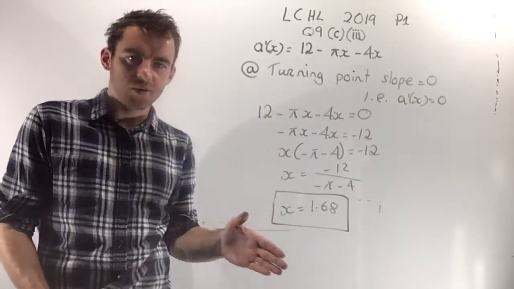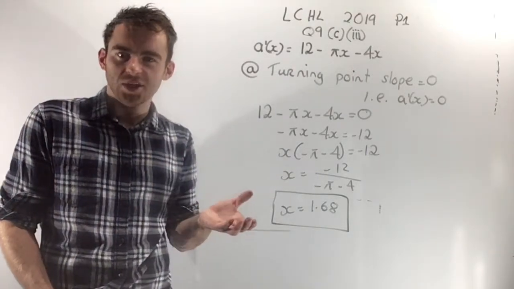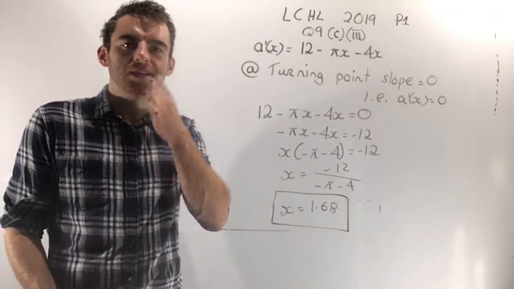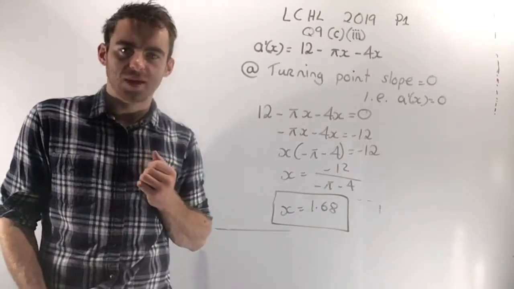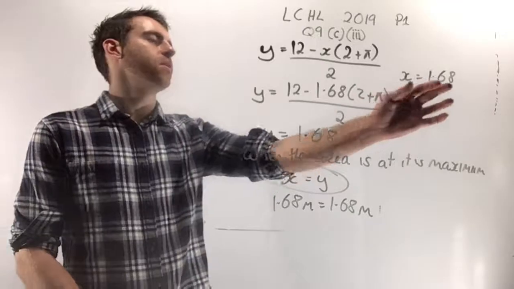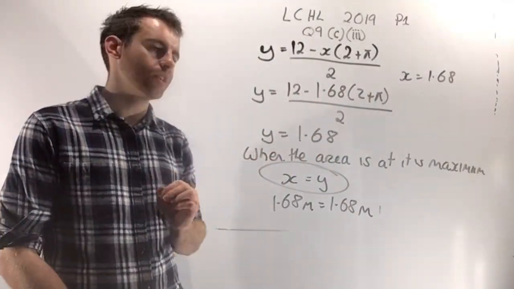Now I need to find the corresponding value of y, and hopefully I'll identify some kind of relationship between the two. So remember, in C part 1, I know what y is in terms of x, which means that once I know x, I can go back and find the value of y. So now that I know the maximum exists when x is equal to 1.68, instead of an x I'm just going to sub in 1.68.